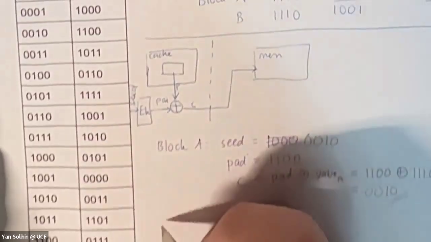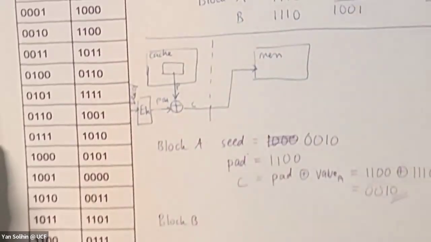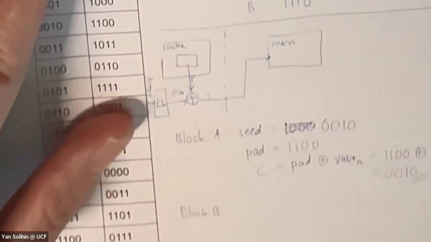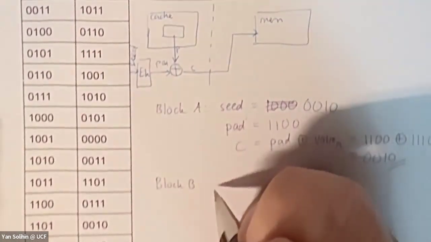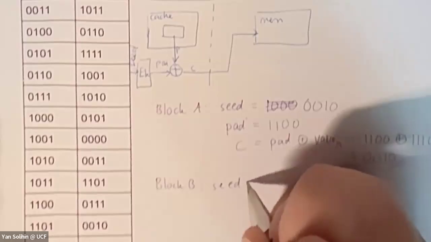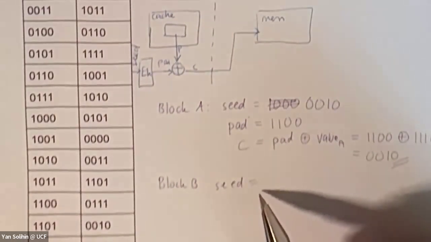Now let's look at block B. The seed is the global counter incremented by 1.